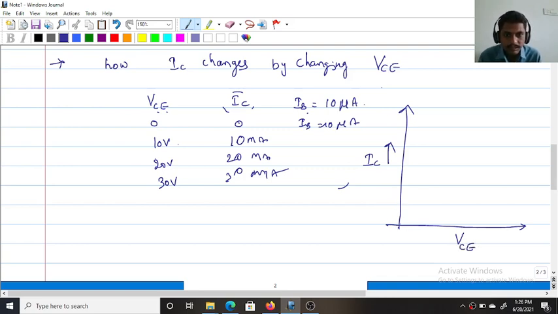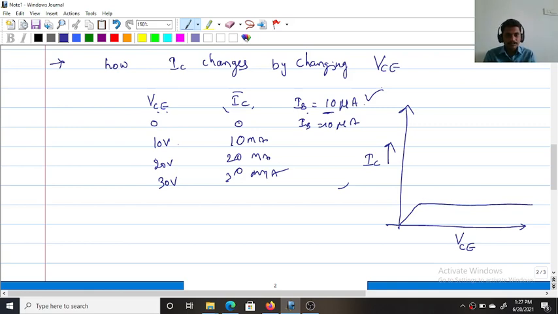It increases under constant IB only. When IB is 0, there will be no change in the collector current. By keeping IB constant, when you change VCE, the current changes linearly and remains constant after a certain value.